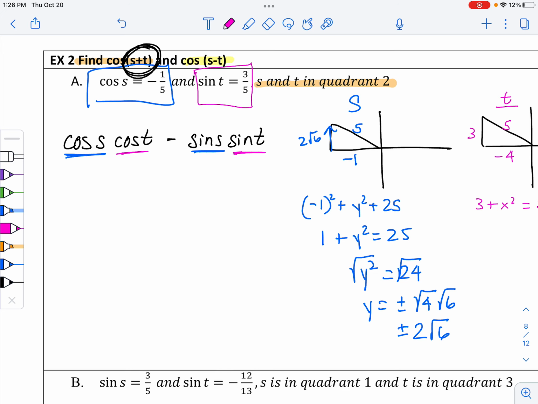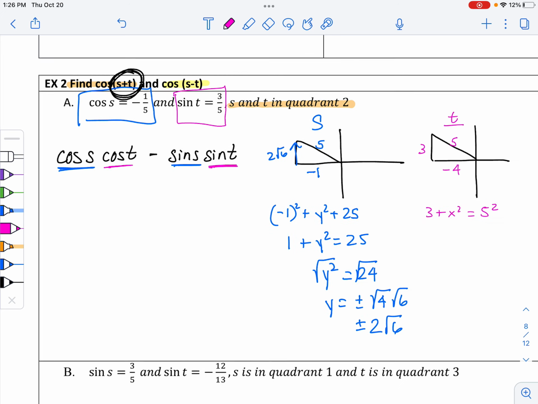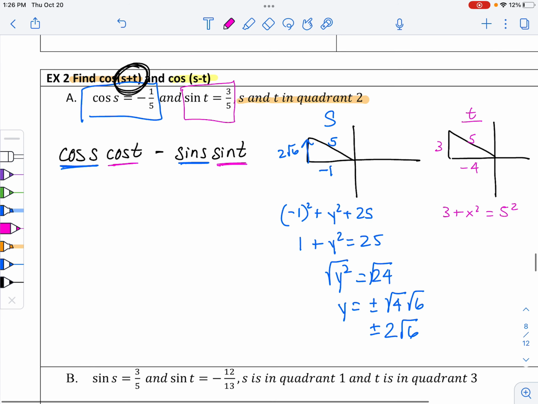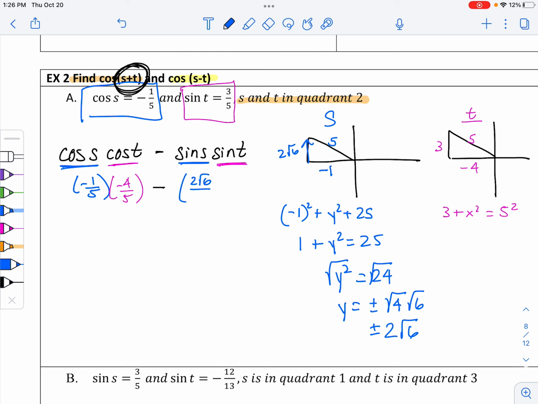Anytime I'm looking at angle T, I'm going to look at the pink one. So the cosine of angle S was -1/5. The cosine of angle T is -4/5. We are subtracting. The sine of angle S is 2 square root 6 over 5. And the sine of angle T is 3/5.